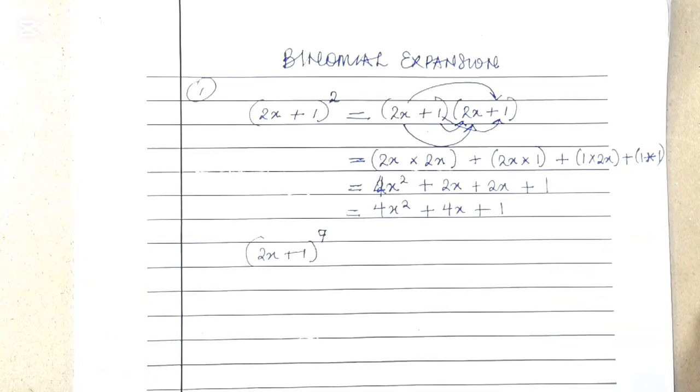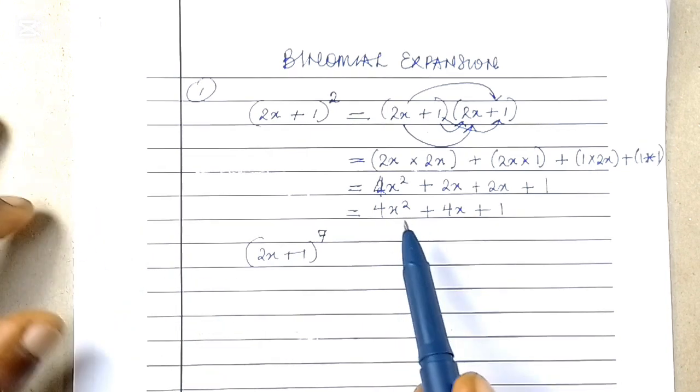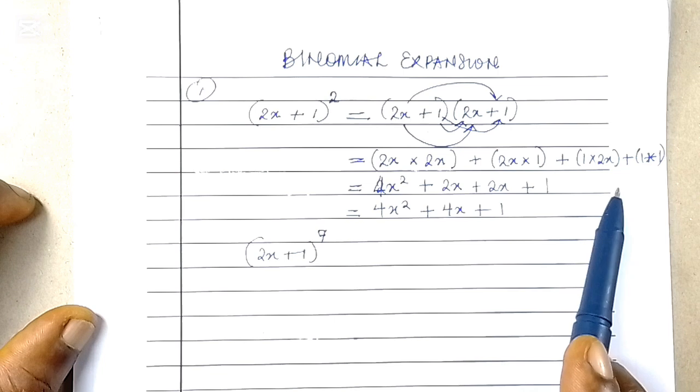The second question is, what if in this problem, the interest is not in getting the expansion, but in determining one term in the expansion or the coefficient of one term in the expansion? Would you go on using such a process?